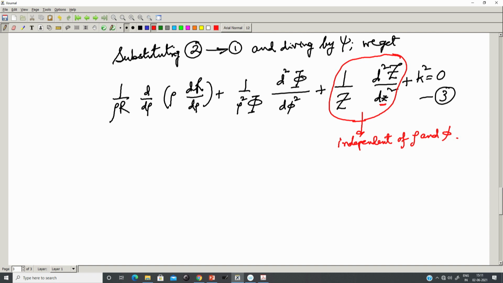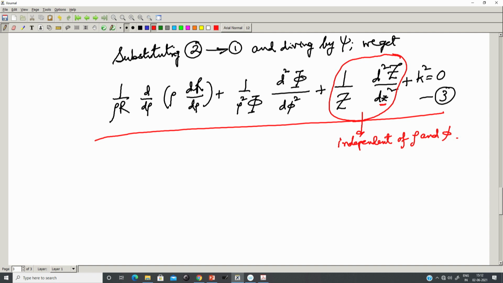So, therefore, it must also be independent of z if this equation has to sum up to 0 for all rho, phi and z. I repeat that once again, because this term is independent of rho and phi.